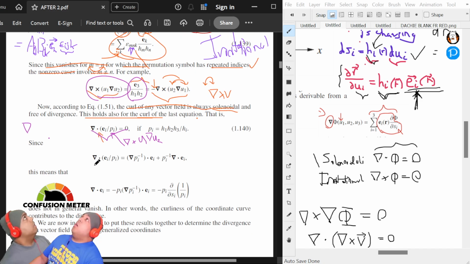Since the divergence of this, oh my god.